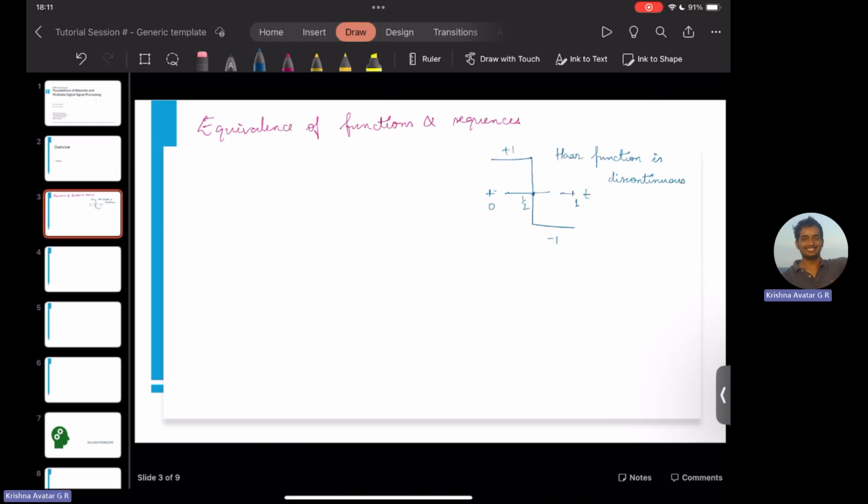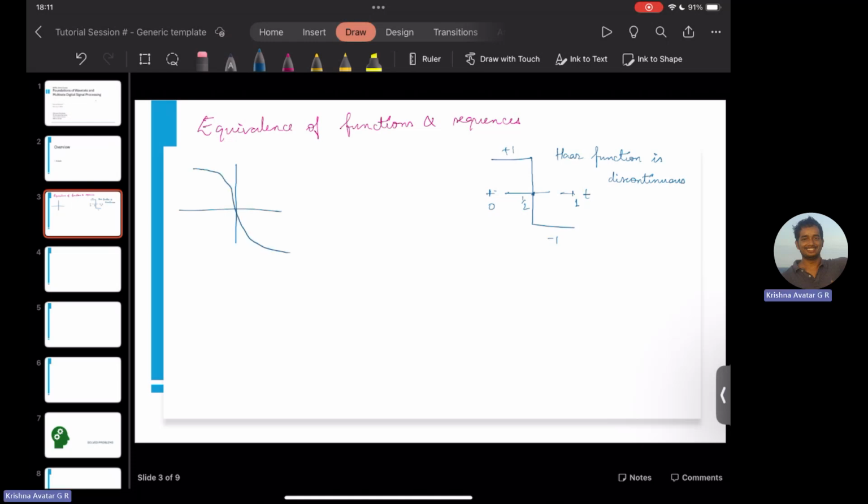However, what we can say is that this function happens to be a limiting case. Of course, there can be infinite such functions, but you can always have a function of this type.